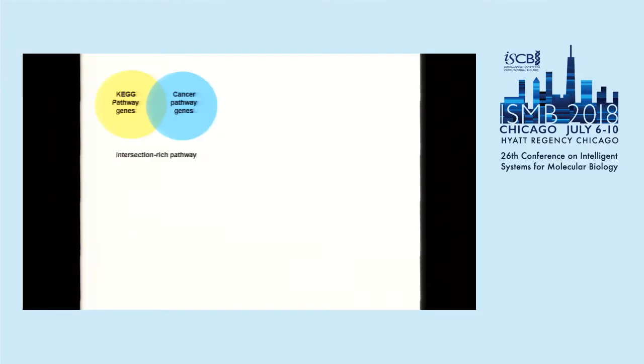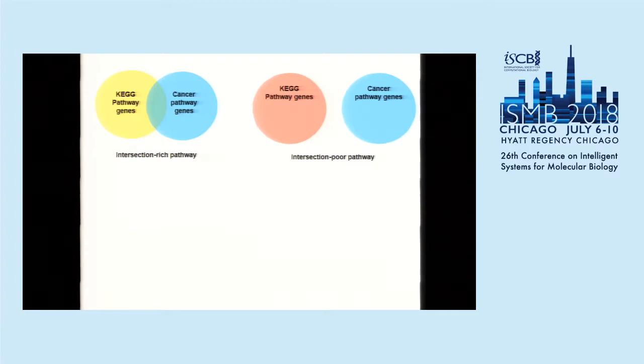And so how do we do this? When you're looking at gene set enrichment analysis, what you're essentially looking for is the intersection between a given input. So for example, in this case, a KEGG pathway and cancer pathway genes. This is what I call an intersection-rich pathway if it's significantly enriched. What we're looking for are essentially intersection-poor pathways, a KEGG pathway that has genes that don't overlap with any of the major cancer pathways and therefore is not very clearly associated with cancer.